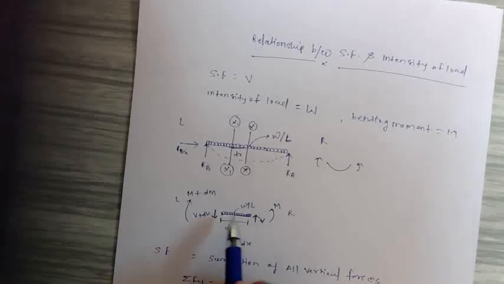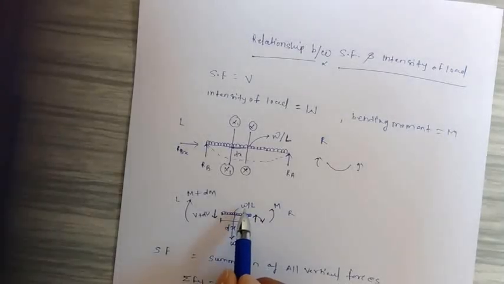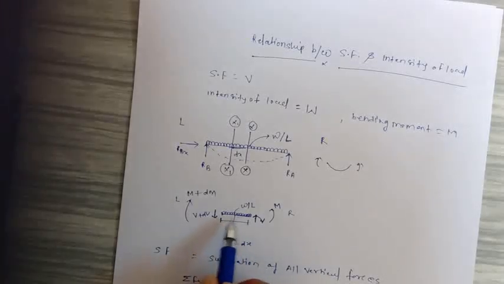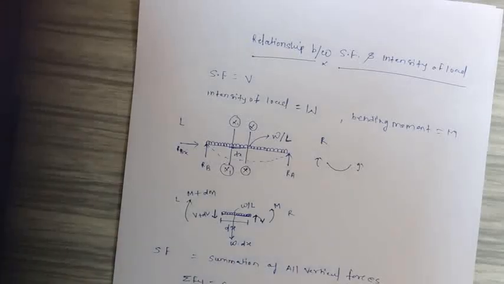This UDL will count as a whole, because W per unit length means this load acts per unit length. So W into dx length is there, and it acts at the center or centroid of this beam downward, so we are writing W into dx.